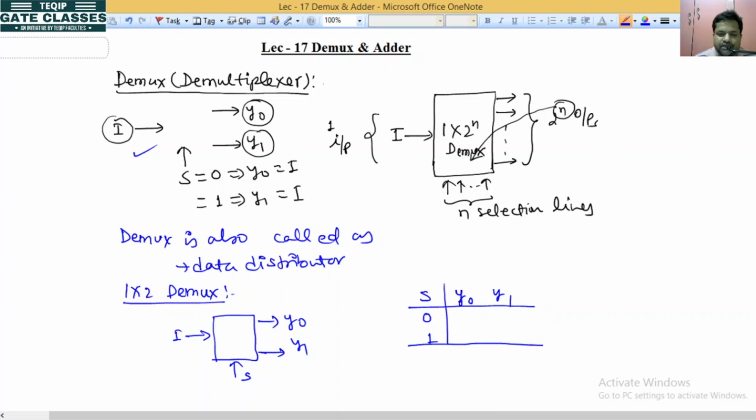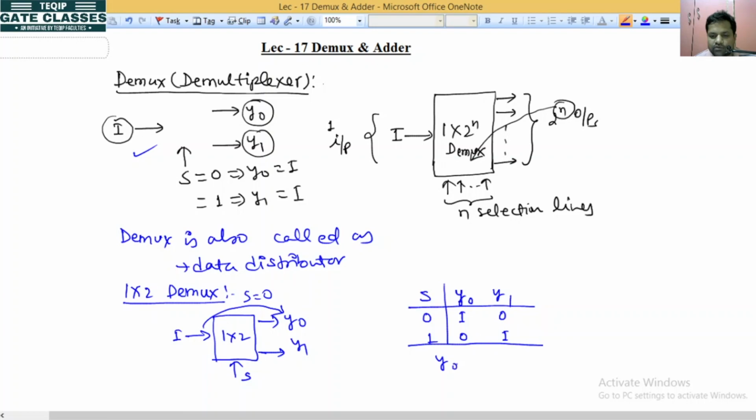So when S is 0, then I is transferred to y0. So it is a 1 cross 2 demux. If S is 0, then y0 has I, and y1 has 0. Similarly, for S equal to 1, y0 is 0, y1 is I.